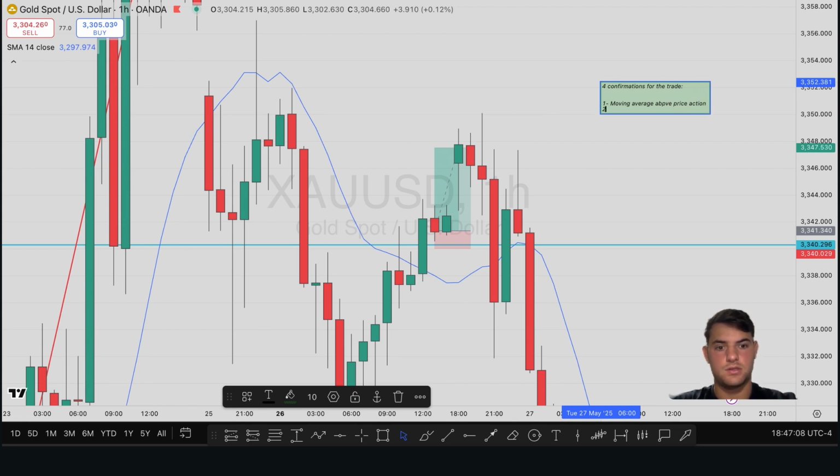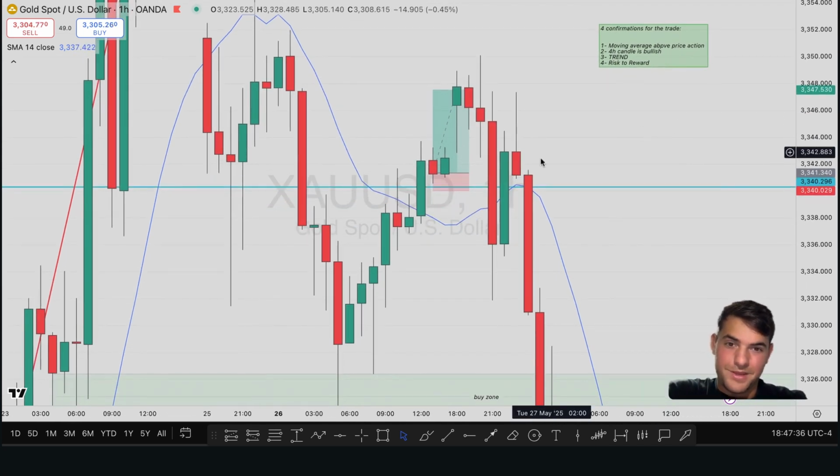Second is the candle. So the 4-hour candle is bullish. Third, I have it here, is the trend. The most important one is the trend. And then the fourth confirmation was risk to reward was in favor.